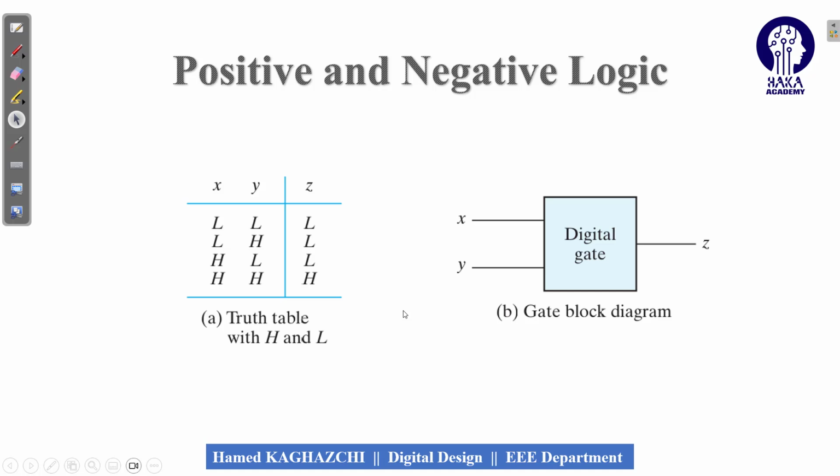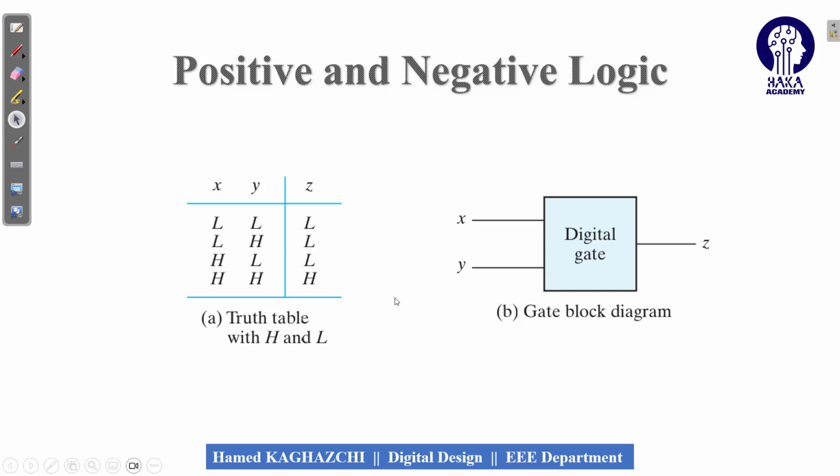Suppose that you look at this truth table: low, low, the output is low. Low, high, the output is low. High, low, the output is low. High, high, the output is high. If you look at this truth table, this is the truth table of the AND gate, which is written in the form of the positive logic.